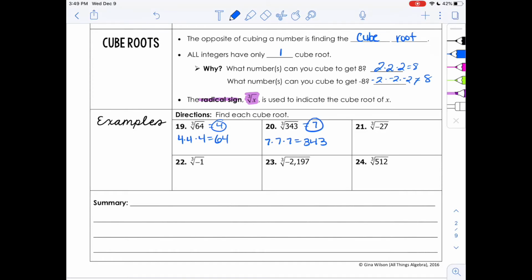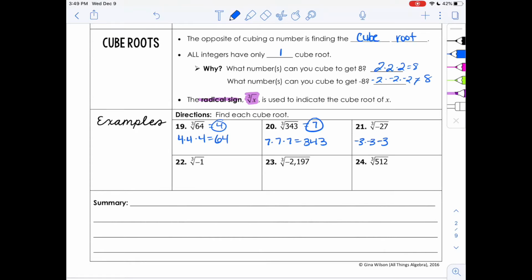Now number 22, we have that negative sign underneath it. So the cube root of negative 27. So we can think of this as just what's the cube root of 27? Because I know 3 times 3 times 3 is 27. But I'm trying to get a negative 27. So negative 3 times negative 3 is 9.